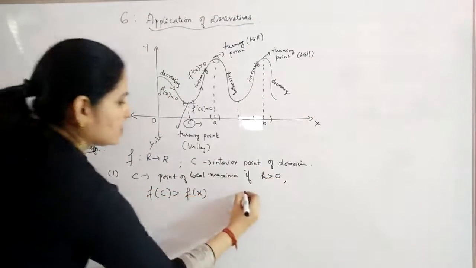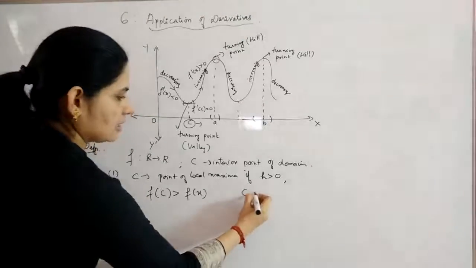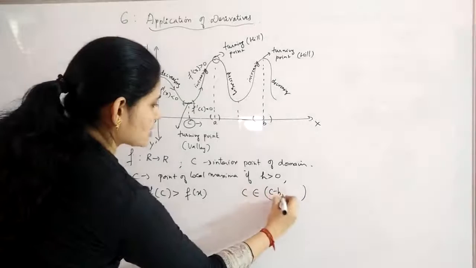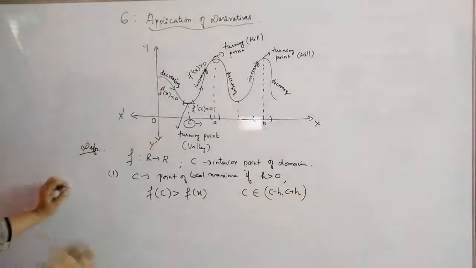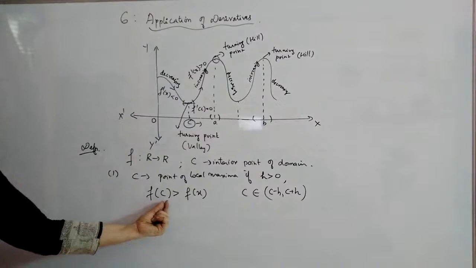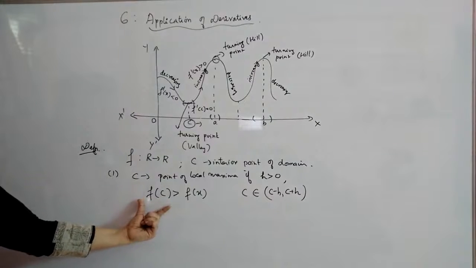Means what? We are taking this c belonging to the interval c minus h, c plus h. That is a small interval containing c, but in that interval only this point c is giving you the maximum value of the function.